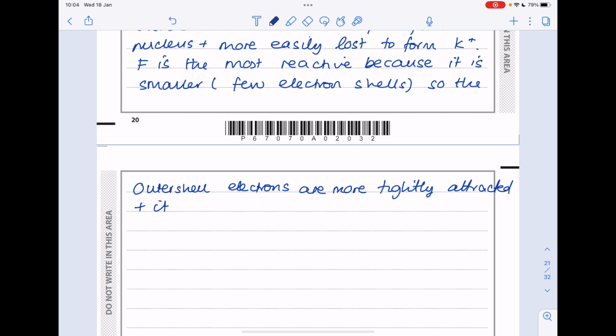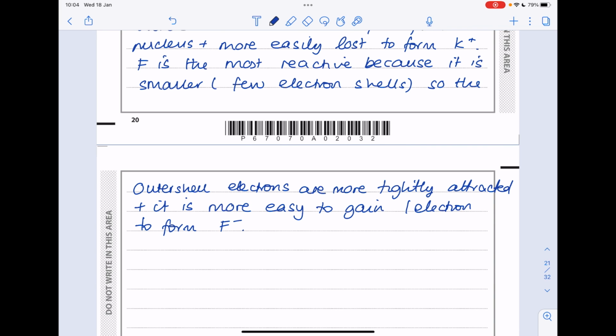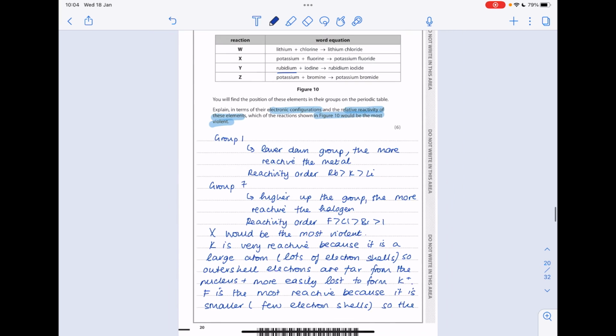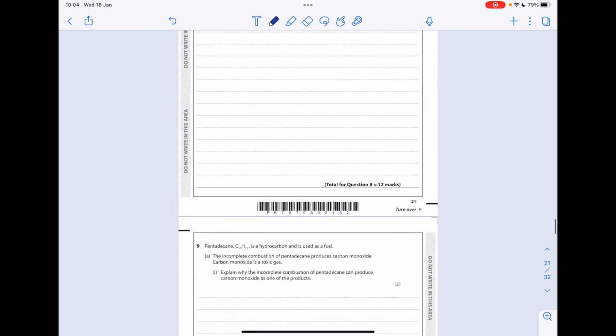And it is more easy to gain that final electron. To form the all-important F- ion. And by doing that, I have well and truly answered the question.